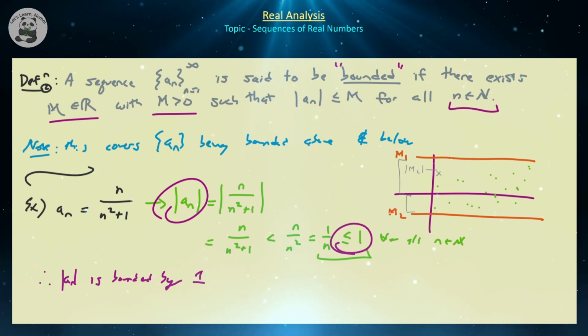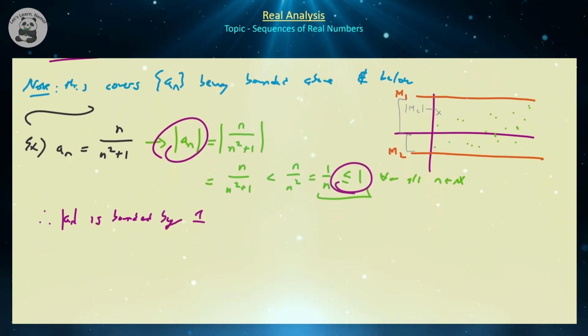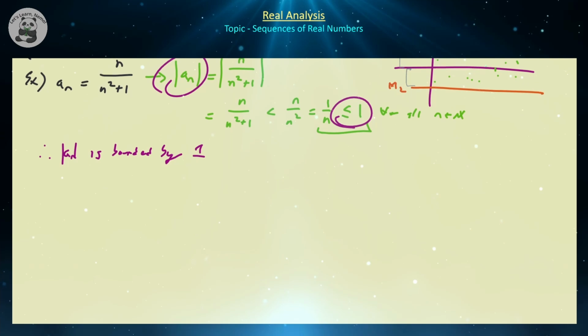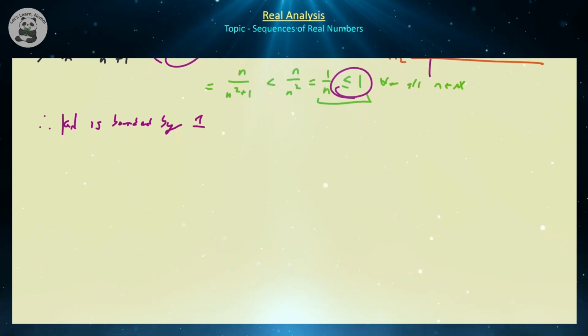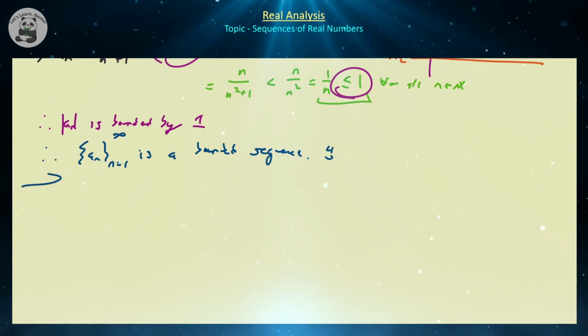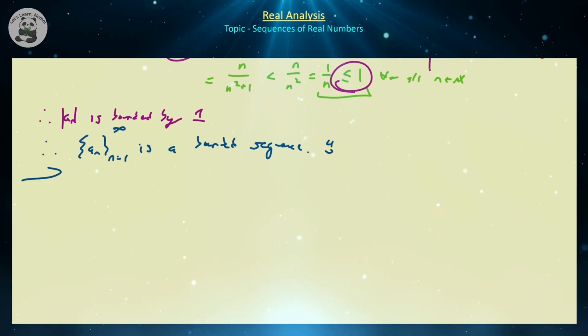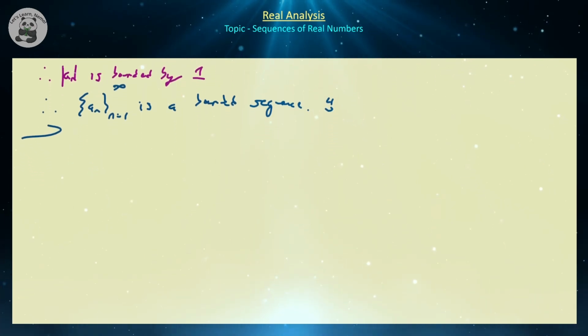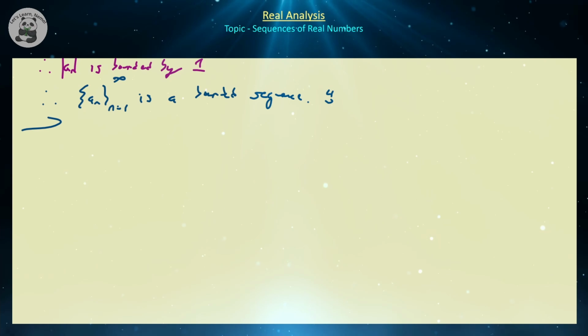Or, in case a_n is not always a positive sequence, people say that the absolute value of a_n is bounded by 1. But by definition, we can say that a_n, from n equals 1 to infinity, is a bounded sequence.